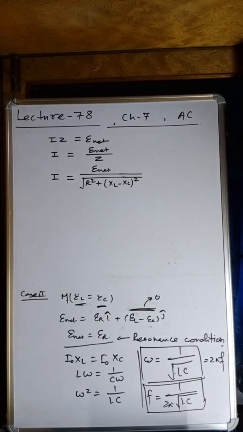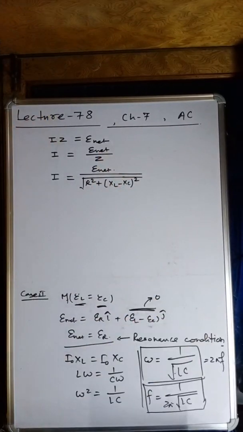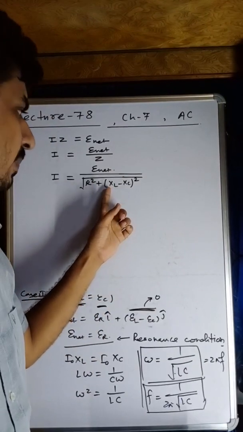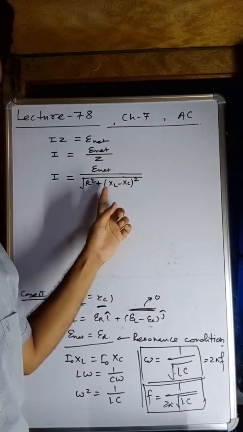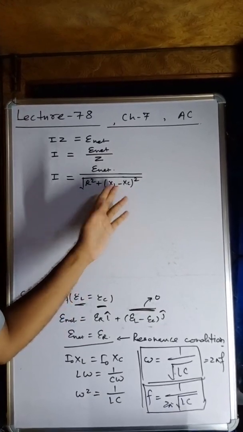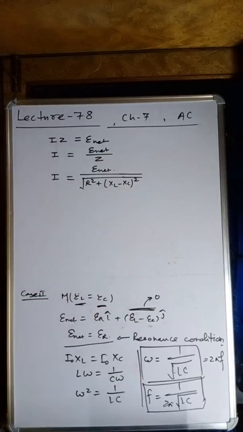If there is no value of XL minus XC, what will happen?